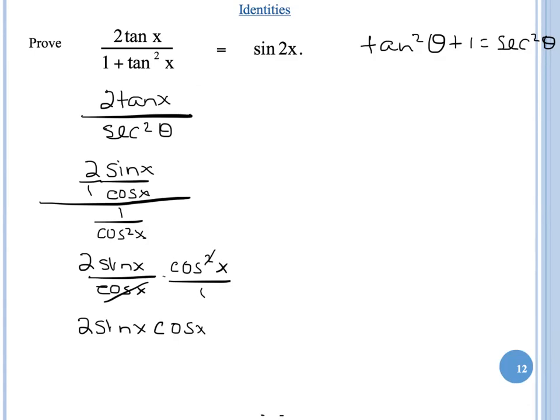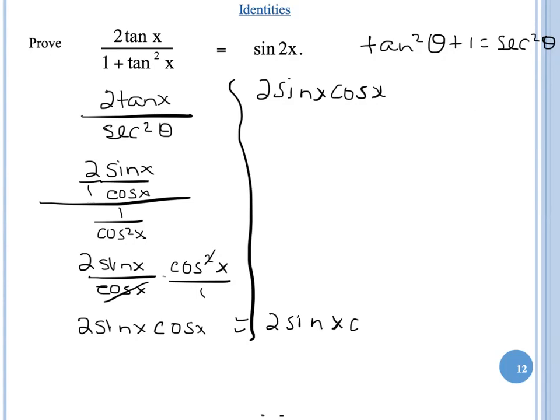And if you would like, you could take your sine 2x and make that 2 sine x cosine x, so that you now have exactly the same thing on both sides. And stop there. Or if you recognize 2 sine x cosine x as the sine of 2x, and you want to make that equal the sine of 2x, you can do that and stop at either place.